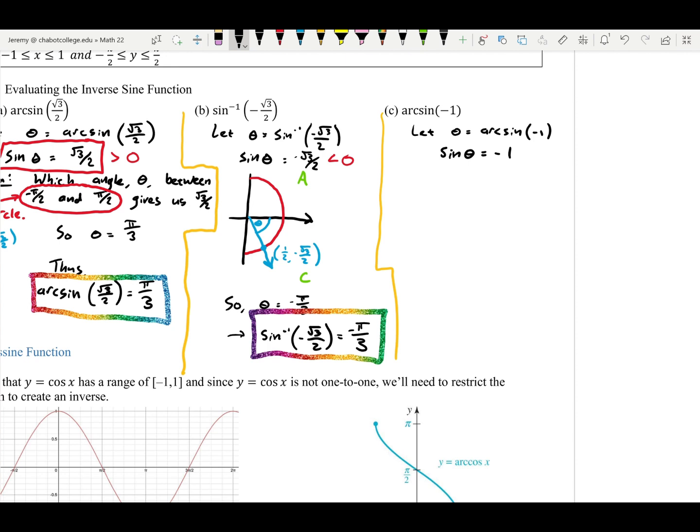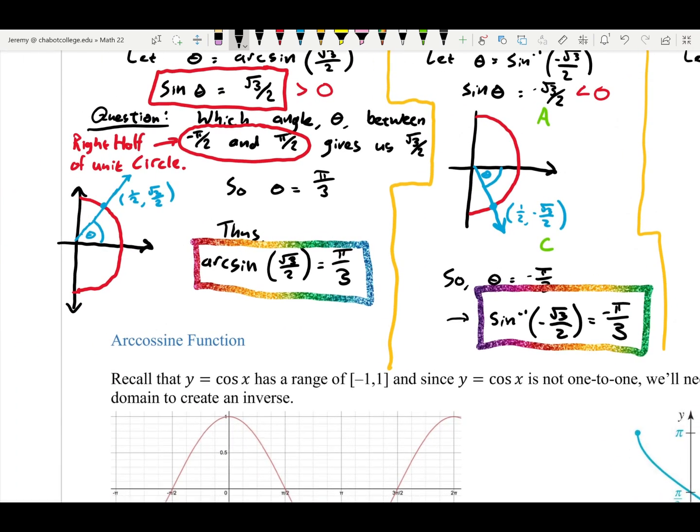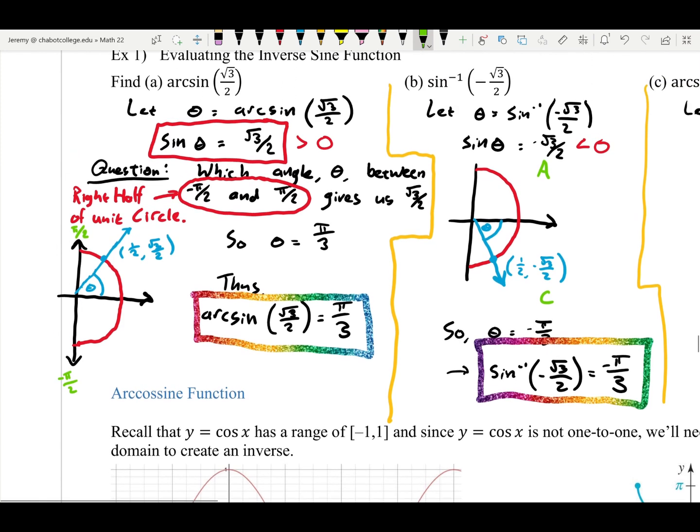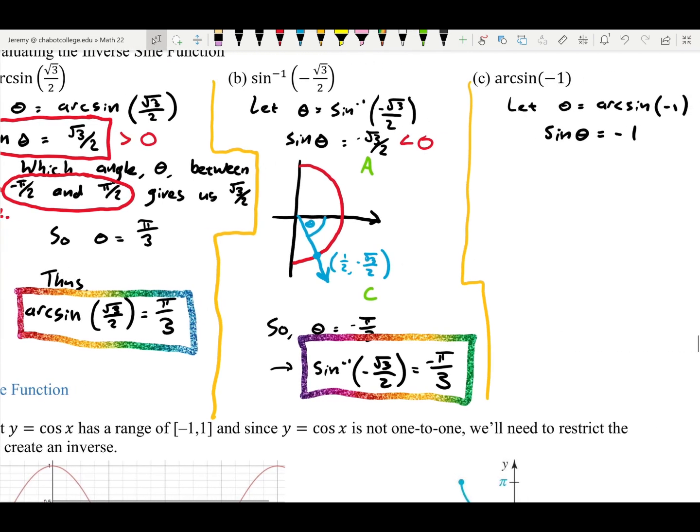Now I'm thinking, where on the unit circle, on the right half of the unit circle specifically, between negative pi over 2 and pi over 2. Just to clarify that real quick, this angle down here is negative pi over 2, right? And this angle up here is positive pi over 2. Just to clarify why we're looking at the right half of the unit circle, given that the range of our inverse sine function is between negative pi over 2 and positive pi over 2.